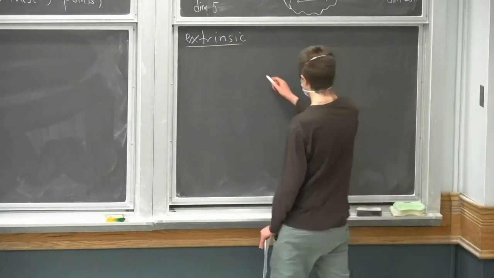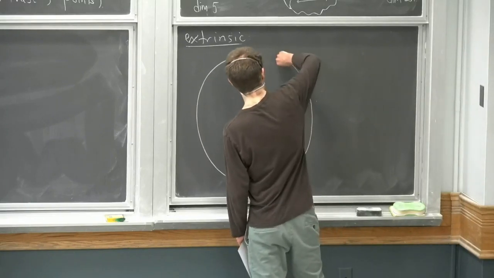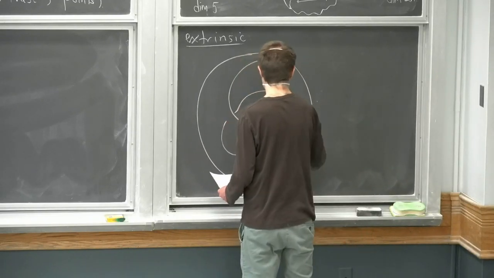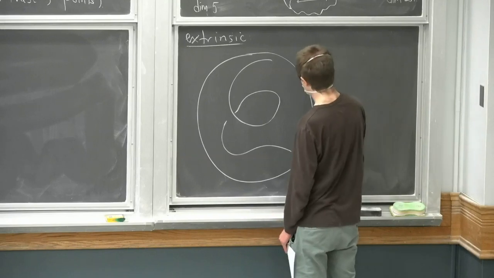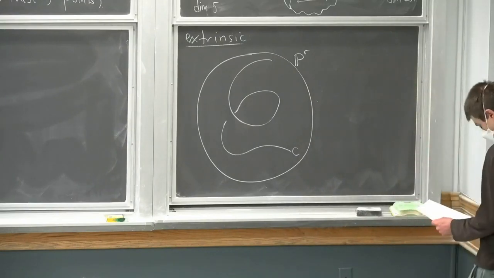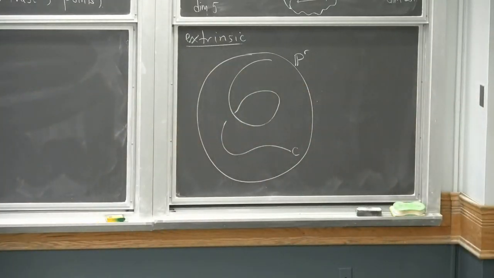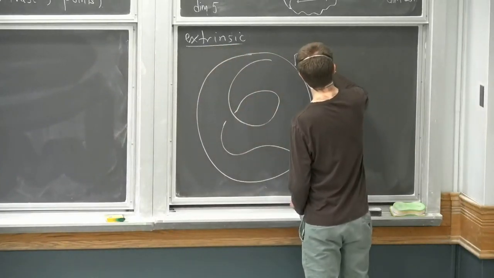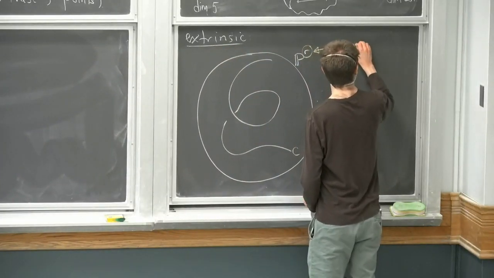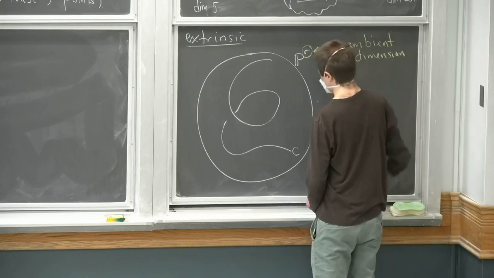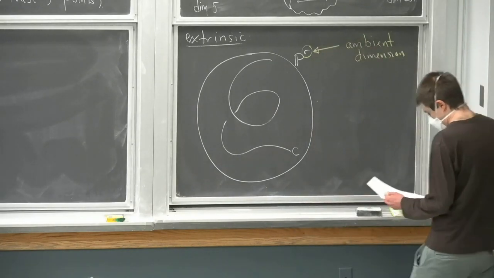So here's my curve C, sitting inside of some r-dimensional space. Well, then I have these two extrinsic invariants. So what is r itself? This will be the ambient dimension. And the other is what's called the degree of this curve.